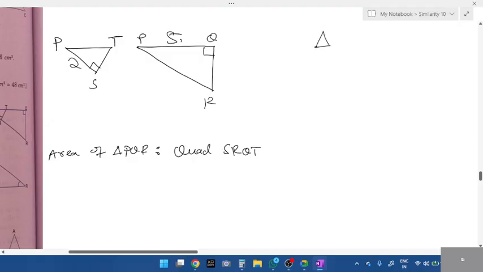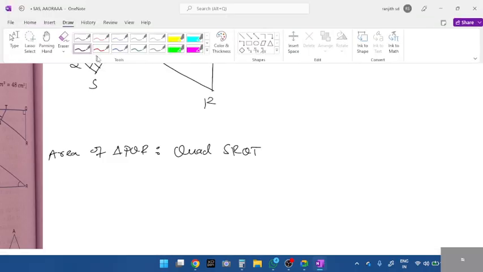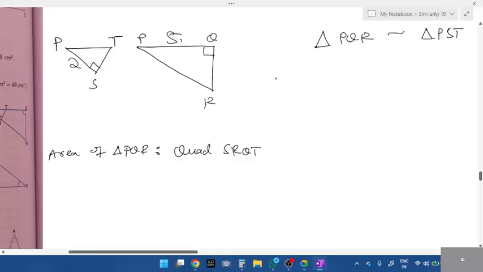First, you have to prove triangle PQR is similar to triangle PST. Be quick, students. Have you completed?